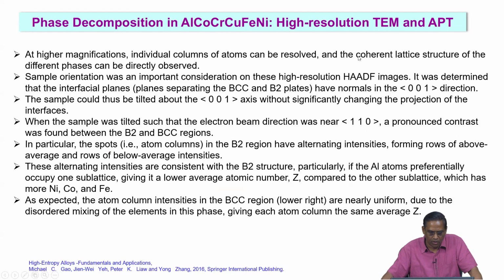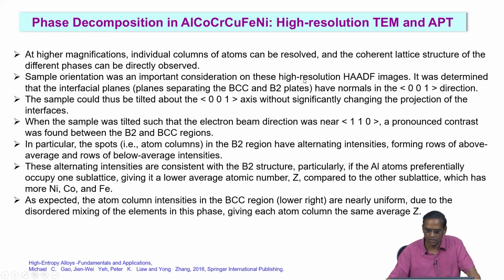and we can look at the same image in the high resolution TEM. Individual atom columns can be resolved, and the coherent lattice structure of the different phases can be directly observed. And for that, in a normal TEM, we need to use a technique called high resolution high angle annular dark field imaging.